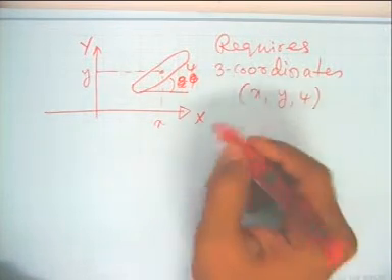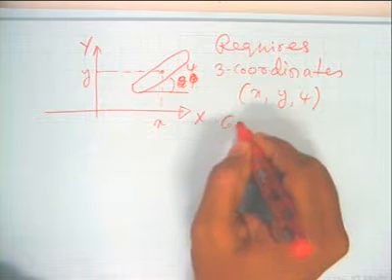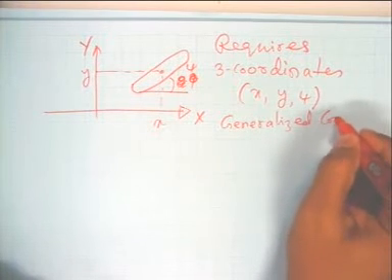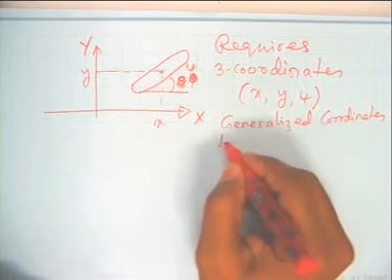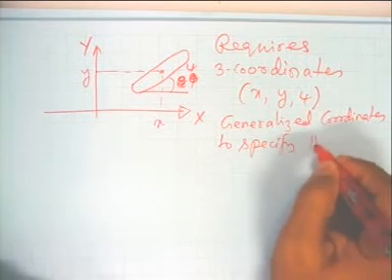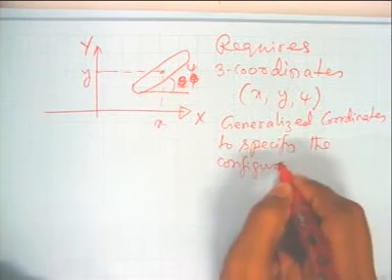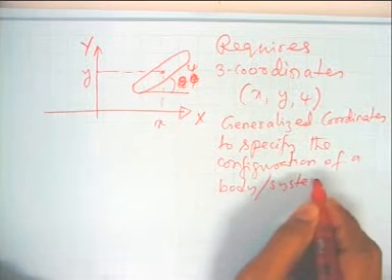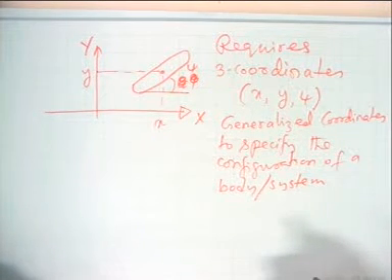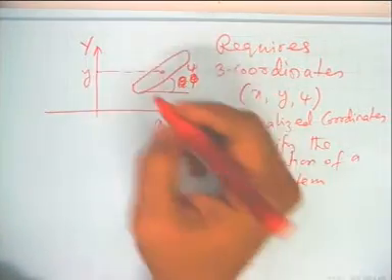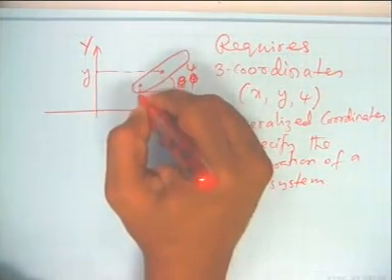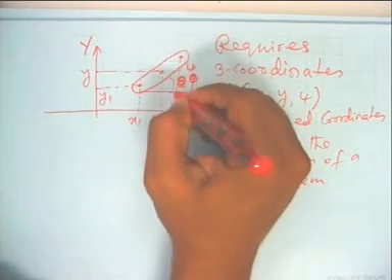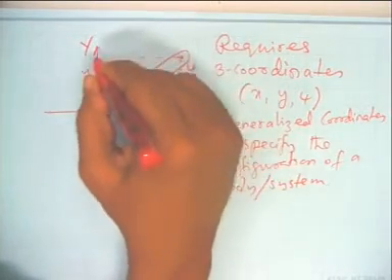So we can call these generalized coordinates. Generalized coordinate means any coordinates are generalized coordinates, and generalized coordinates are required to specify the configuration of a body or system. One can also define, say, this is x1, this is y1, this is x2, this is y2.